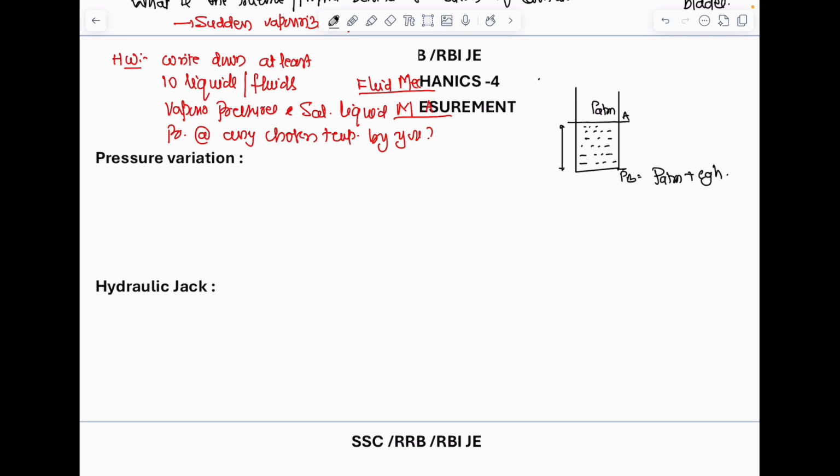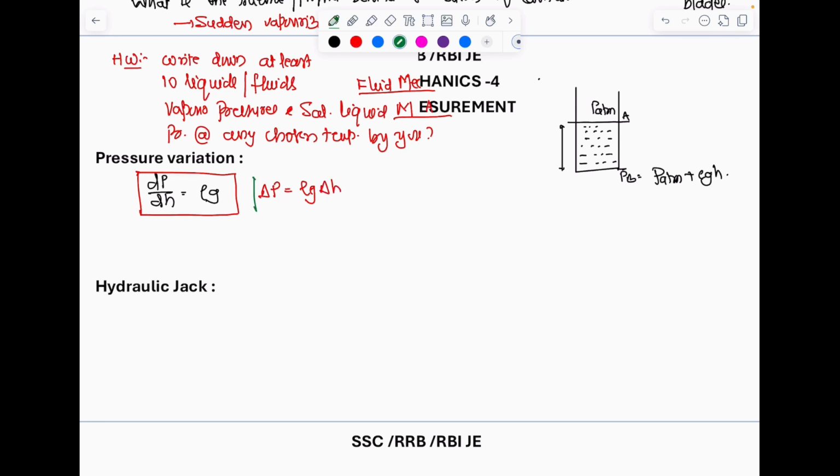Pressure varies as dP by dH equals rho G. This is a very, very important formula which you have to know. And also P is equal to rho GH, delta P equals rho G delta H. These two are also very important formulas which you are supposed to know.